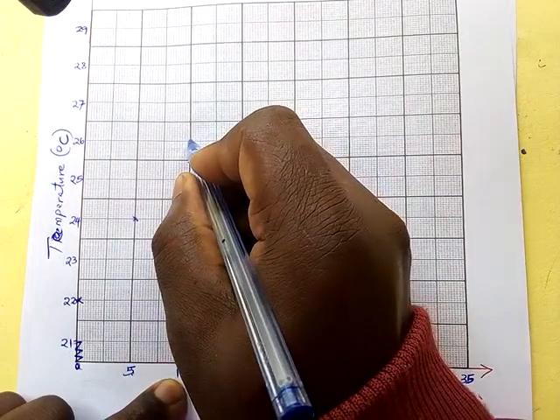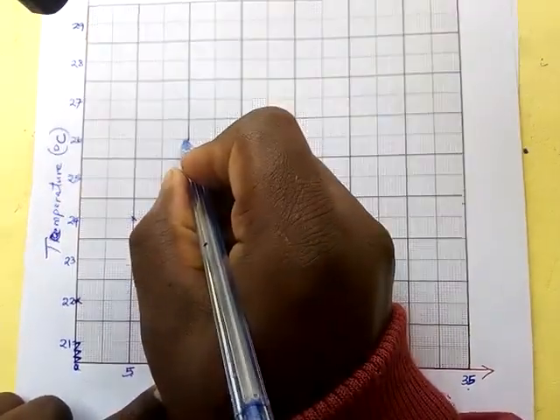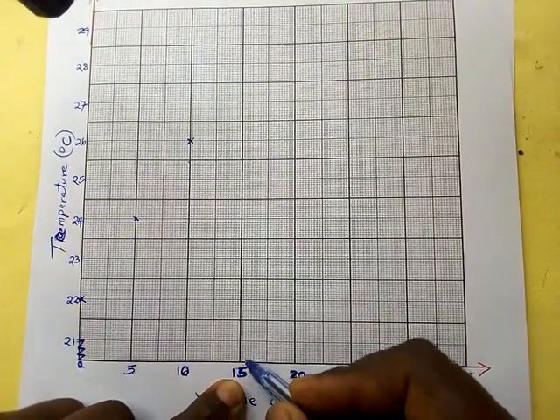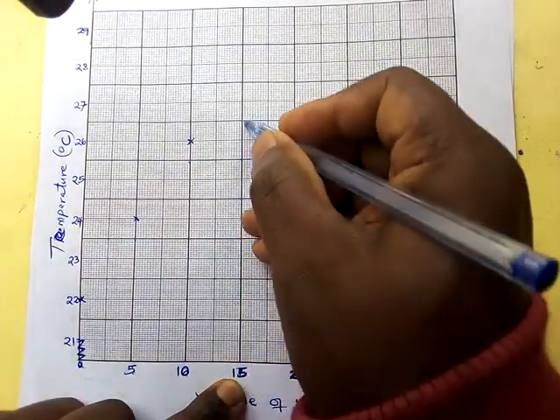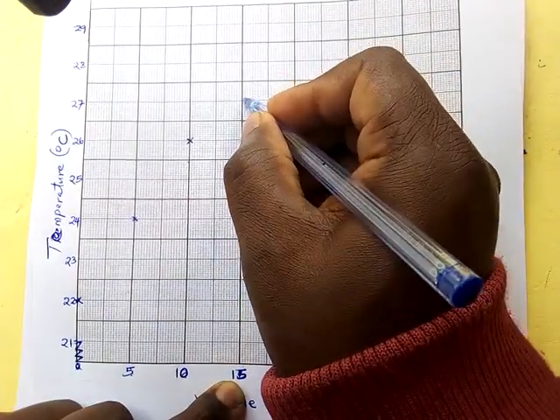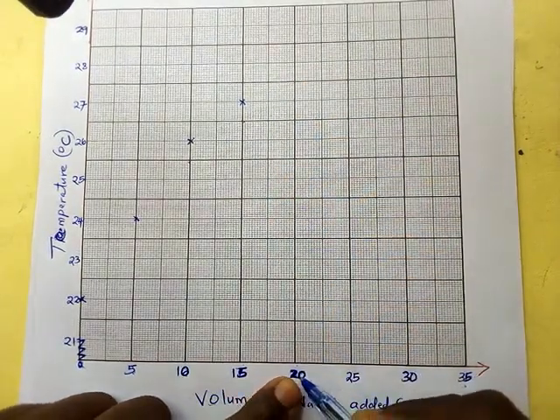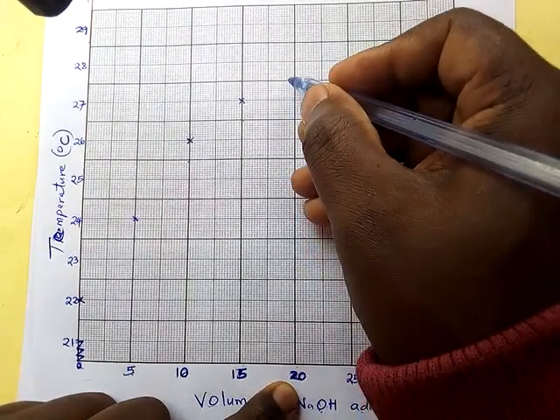So 26 is here, you come across and put a mark there. When the volume used is 15, the temperature rises to 27, so you find 27 is here. When the volume added is 20 cm³, the temperature rose to 28.